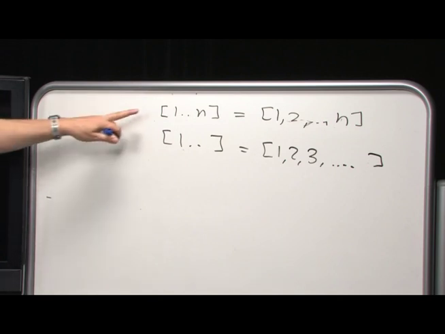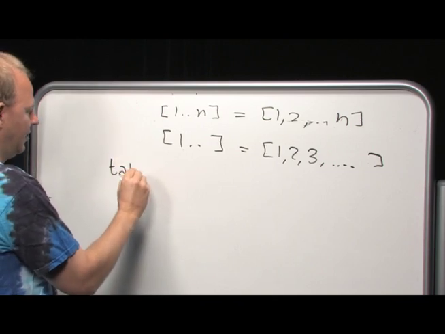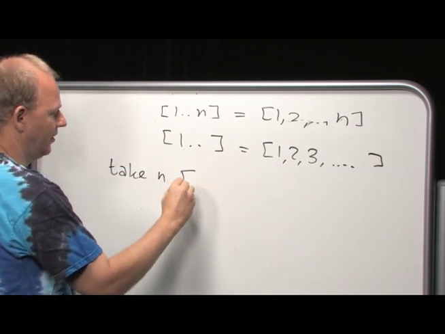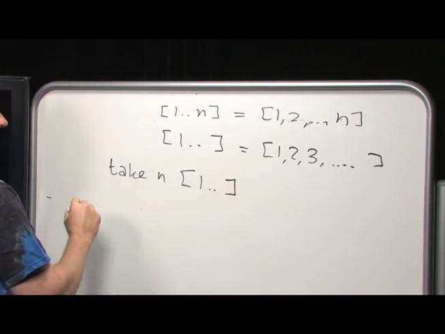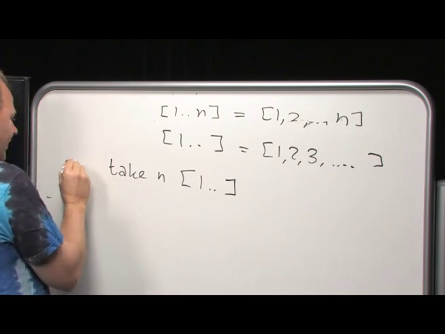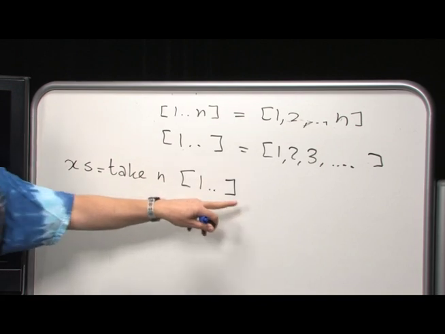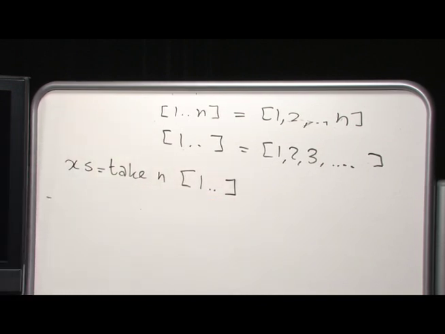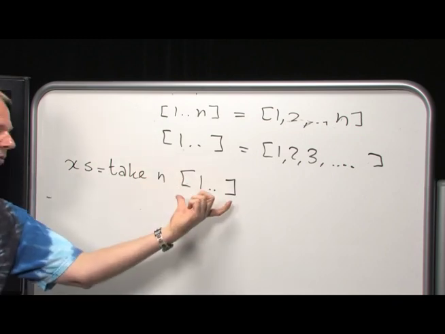Now I can define that guy by just saying take n of 1 dot dot. Let's call this guy xs. So I can say take the first n elements of the infinite list. Since Haskell is lazy, this is okay, right? In C#, with Enumerable, that will work because it's lazy.